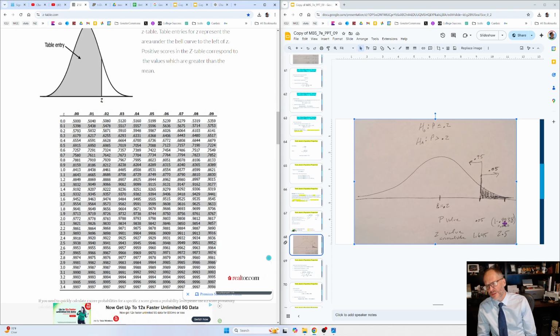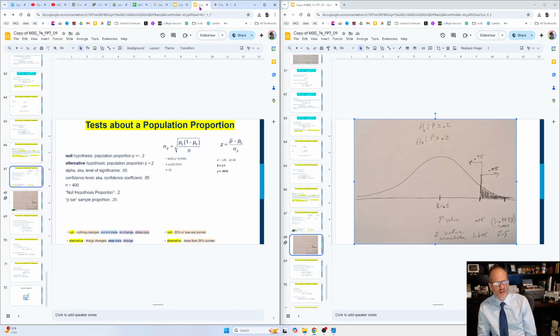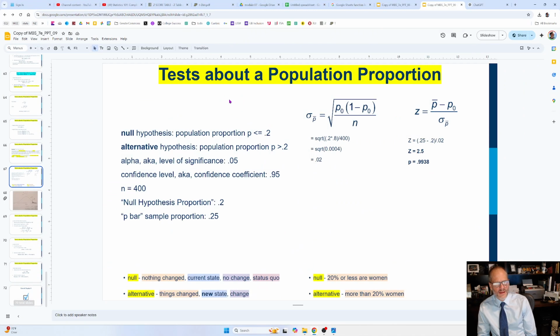That's what each of these tell us. And so that's doing this proportion deal. And I'm going to close this and then open this back up, make it a little bit bigger. And so we could say with 95% confidence that more than 20% of the population proportion are women.